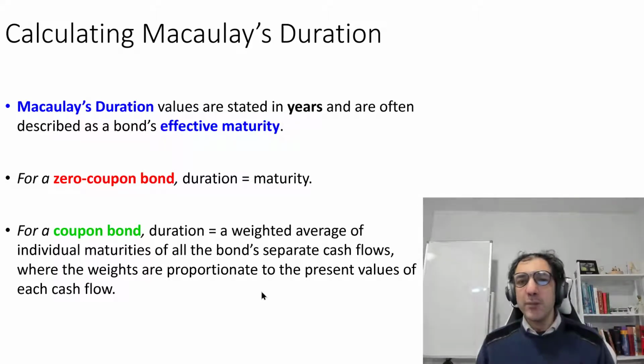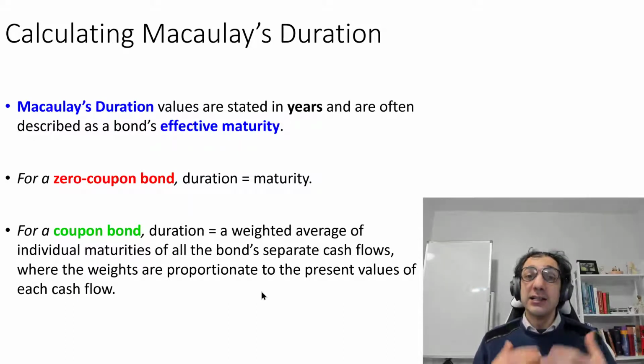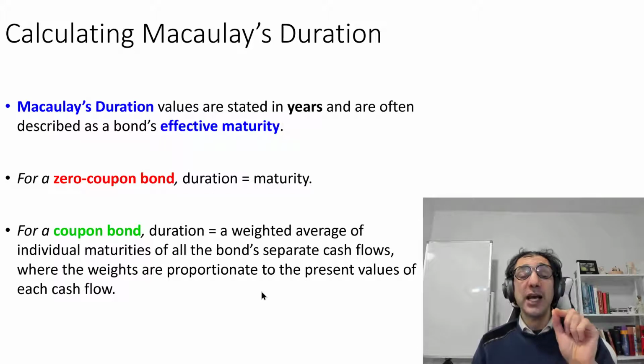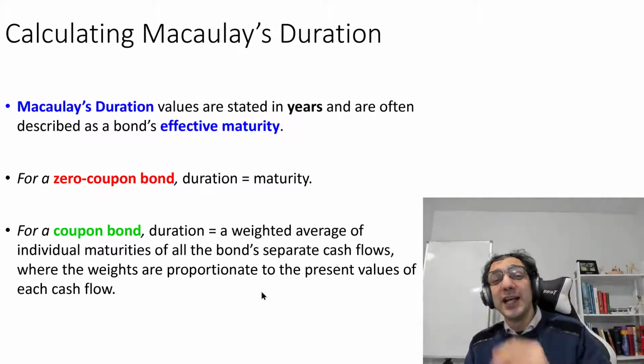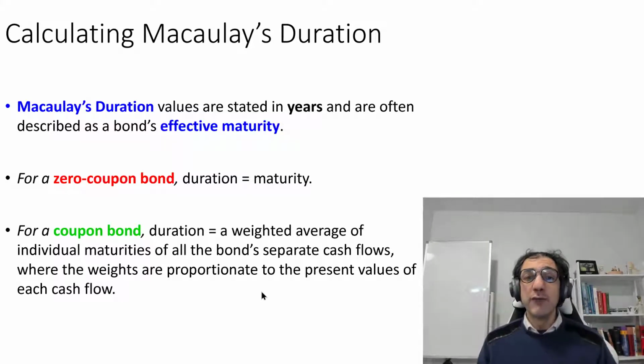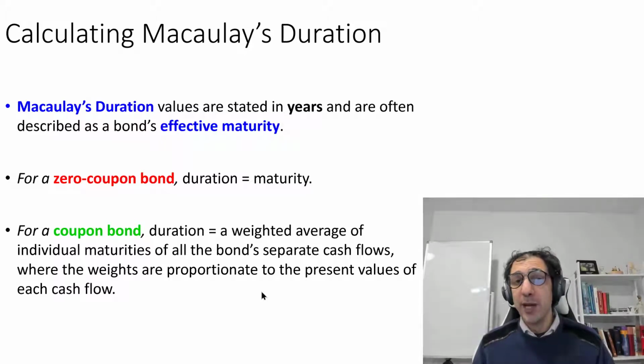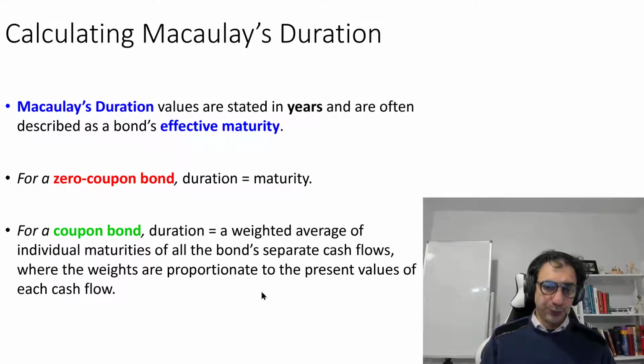For example, for a 5-year bond, the actual effective maturity is shorter than 5 years, as long as you are not talking about the zero coupon bond, because for the zero coupon bond the duration is the same as the maturity date. So if you have a 5-year zero coupon bond, the duration becomes the same 5 years, because you won't receive any cash flow, any coupon payment, until expiry date.